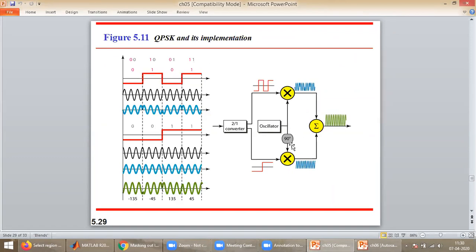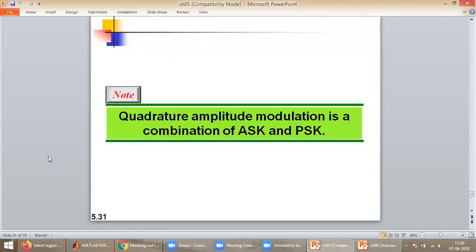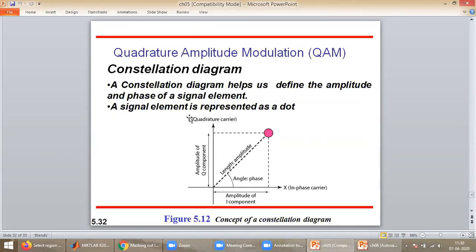If you add 90 degrees to that angle, that indicates the out-of-phase value. This is the representation for quadrature amplitude modulation.